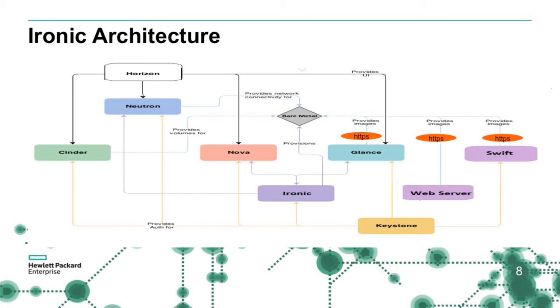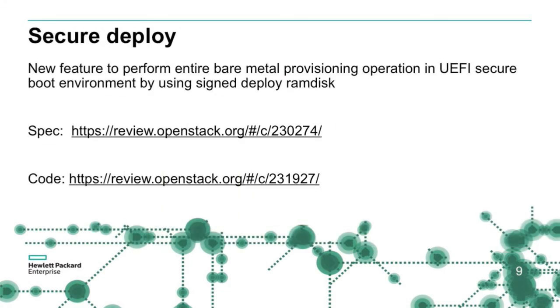There is another feature that we are planning in the upcoming release, which is UEFI secure boot. It's about using UEFI secure boot during your deploy, so that even during the deploy your certificates get validated at the firmware level, and you have a totally secure deploy environment. UEFI Secure Boot is already supported in the instance images.